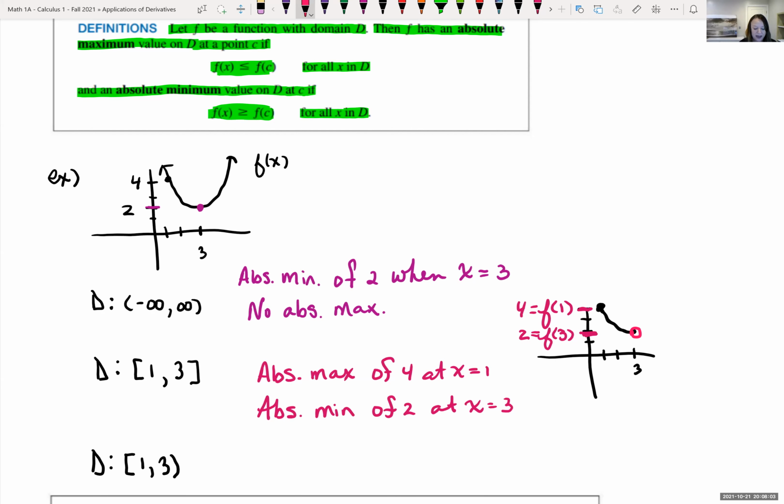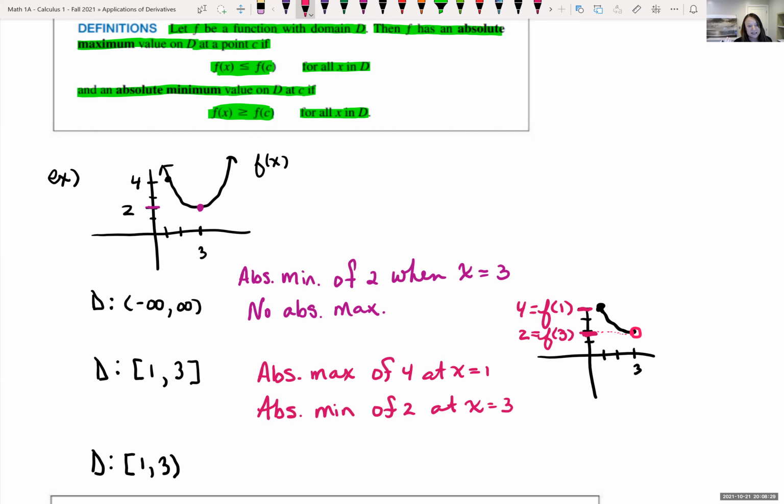We could say the limit as x approaches 3 from the left is equal to 2, but f of 3 doesn't exist because it's an open circle. I could say 2.01 is the smallest y value.